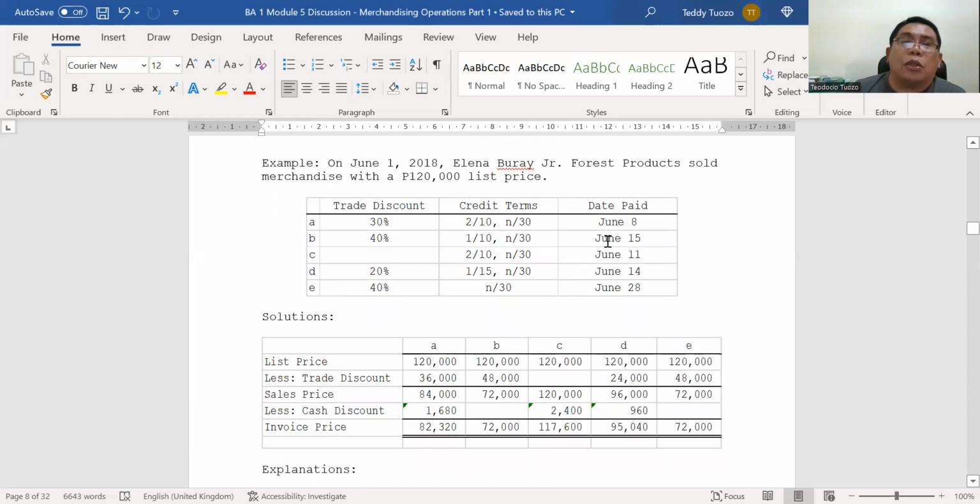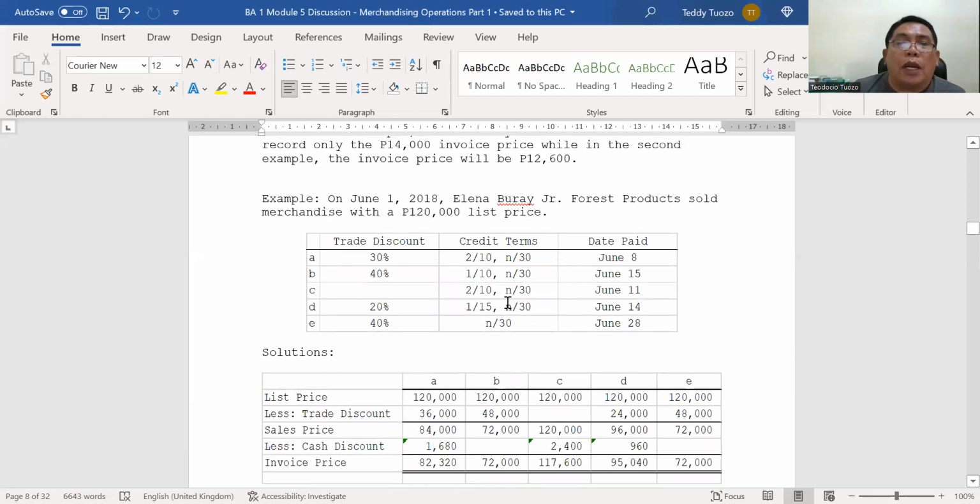So we have here the solution. For letter A, the list price is common to all letters A to E, so 120,000. The discount is 30%, so 120,000 less 30% of 120,000, which is 36,000. Then the sales price is 84,000. That's already the invoice price.